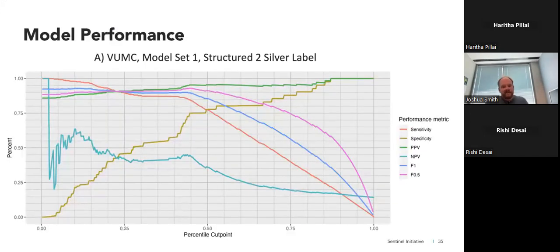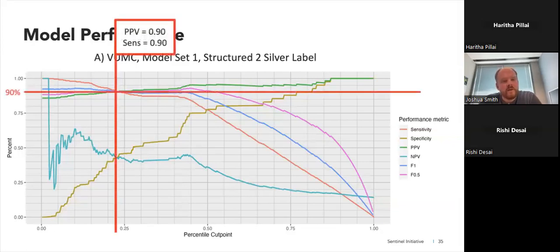So for example, this is the model performance at VUMC on modeled set 1 for that structured silver label number 2. You see here sensitivity in red, PPV in green, for example. And along the bottom of this chart is our percent cutoff. It's basically a score threshold where you say everything above this is true, everything below this is false. And you kind of use it by taking the percent, 90%.